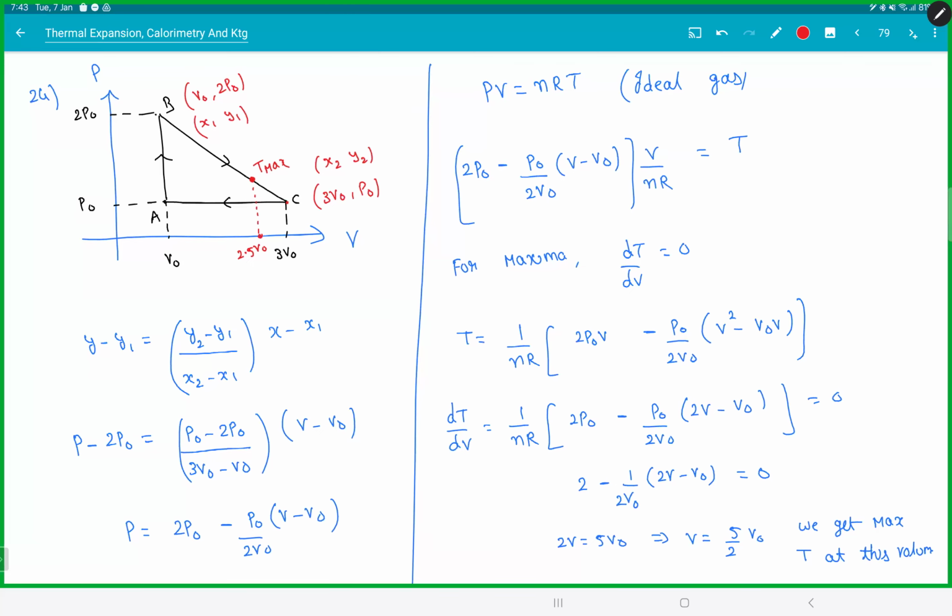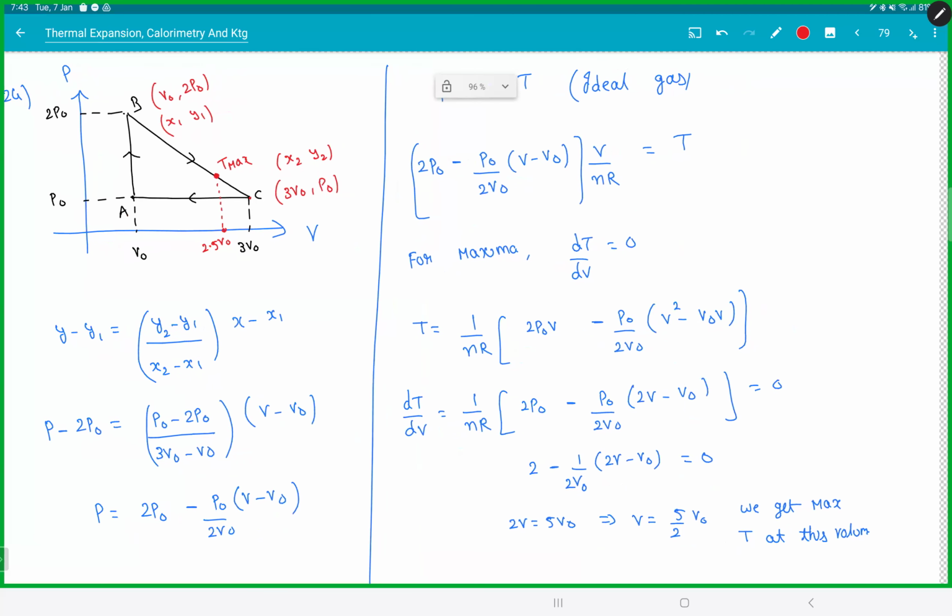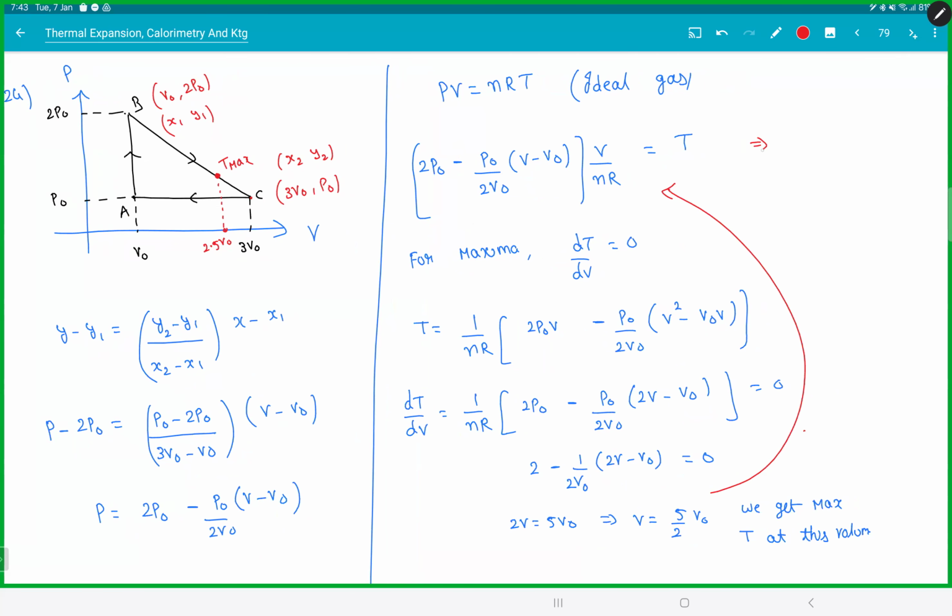I think once you got this, it is just a matter of taking this value and dumping it in this. From here you will get T max. If you substitute there, how much will I get? 5 by 2 V0. So that will be 3V0 by 2.